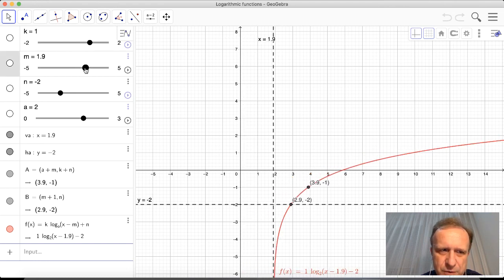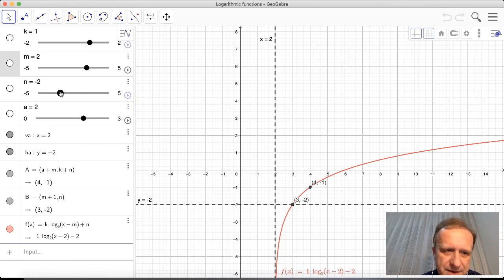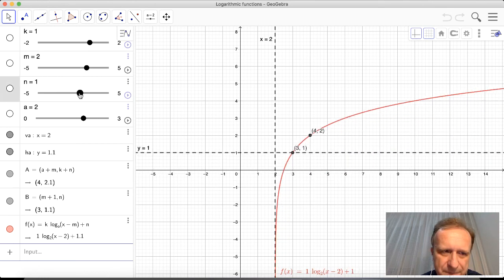Imagine that m is 2, for example, and n is, say, 1. Then you see that the graph of the function is translated by 2 units to the right and through 1 unit upwards, and together with this graph also the original axes are translated. The original vertical axis is the asymptote, and there is no meaning to the original horizontal axis. It's there just for our convenience.